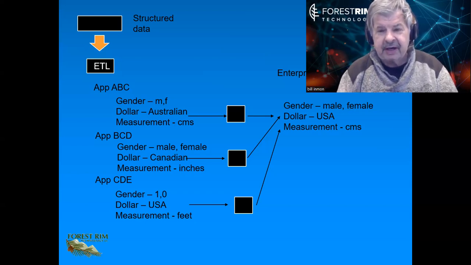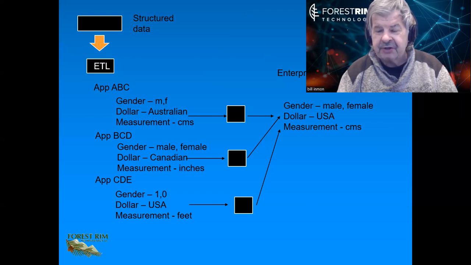Well, when it comes to having an enterprise understanding of information, we need to have a singular way of understanding our data. For example, we can choose gender to be male and female. That's simple enough. We can choose the dollar amount to be in USA dollars.